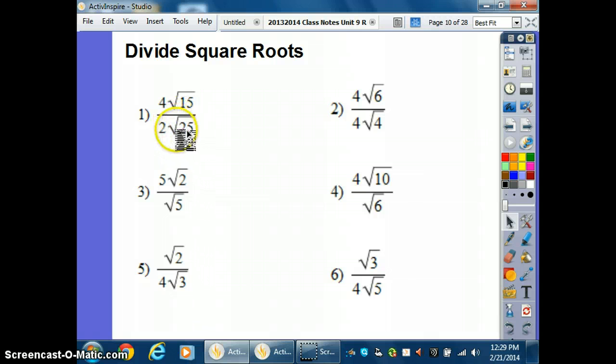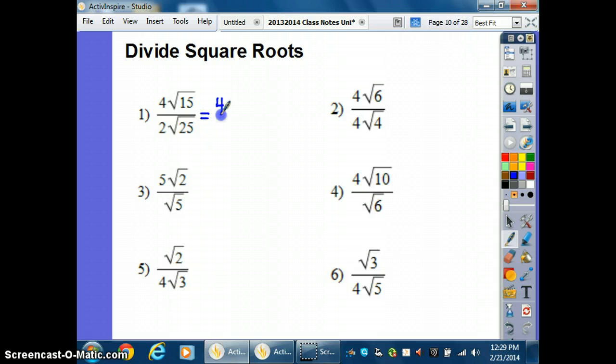So see the square root of 25? Well, this one's kind of easy because it's a perfect square. So all we're going to have to do is change that to a 5.